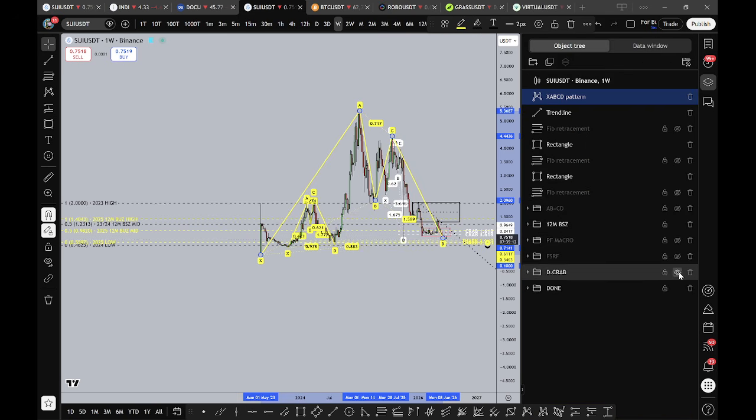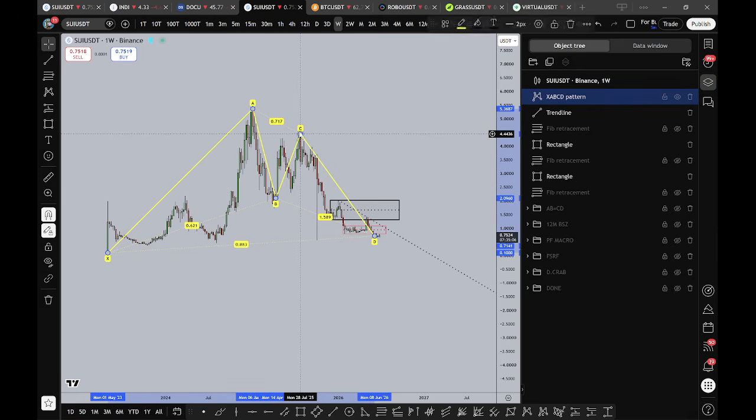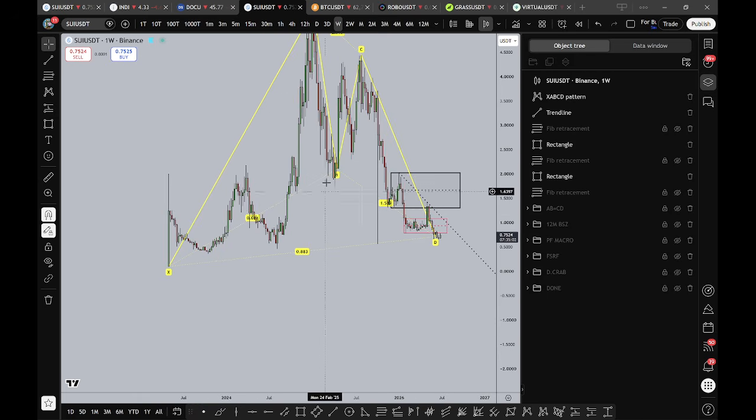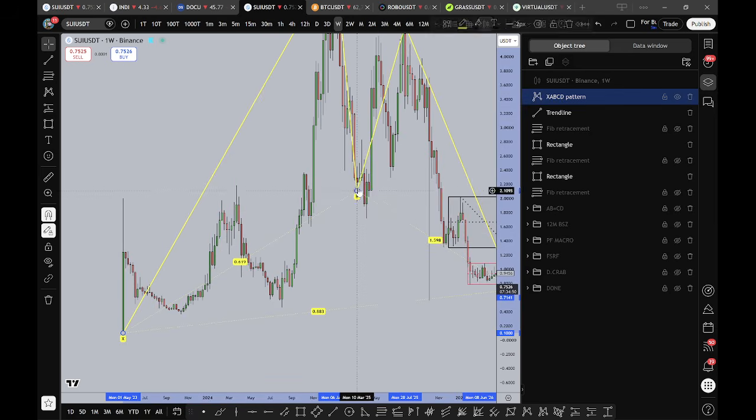So if we view it from that angle, and the deep crab, right? If we view it from the angle of a 618, you just got to ask yourself, was the 618 respected as resistance, as support? But there's a limit to how much I'll accept a B point being absolutely ravaged like this, right?